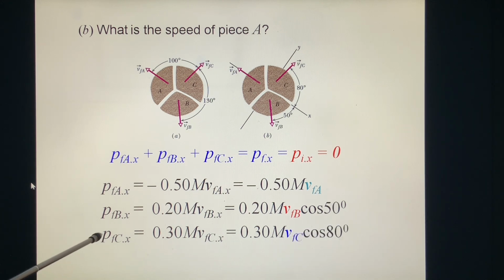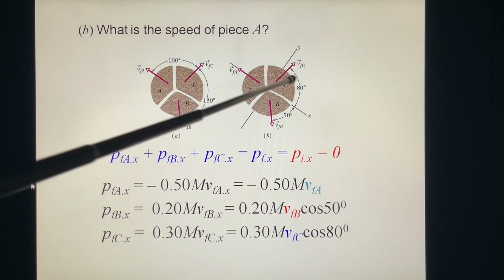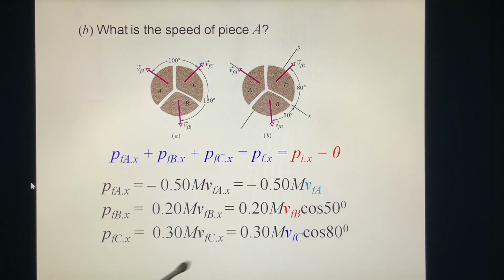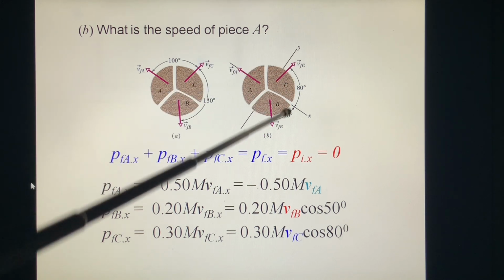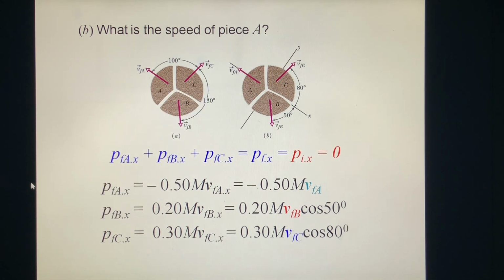P final C x, C along x, equals mass 0.30 M times VC, this one is cosine 80 degrees. And we put these three into this equation, and we get VA is 3.0 meters per second.